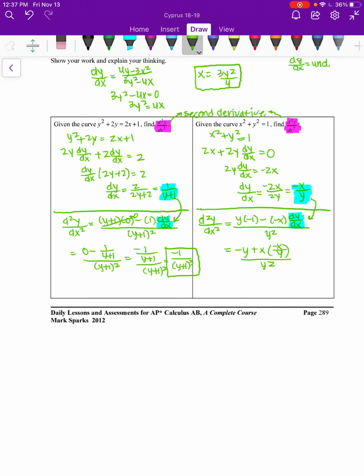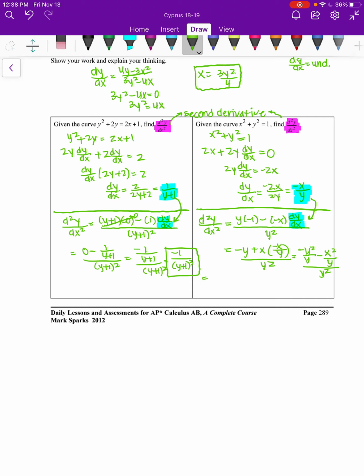And now we just want to clean this up. So get a common denominator on the top. So if I multiply negative y by y over y, I'll have negative y squared over y, plus, or I guess minus, x squared over y. Common denominator on top there.